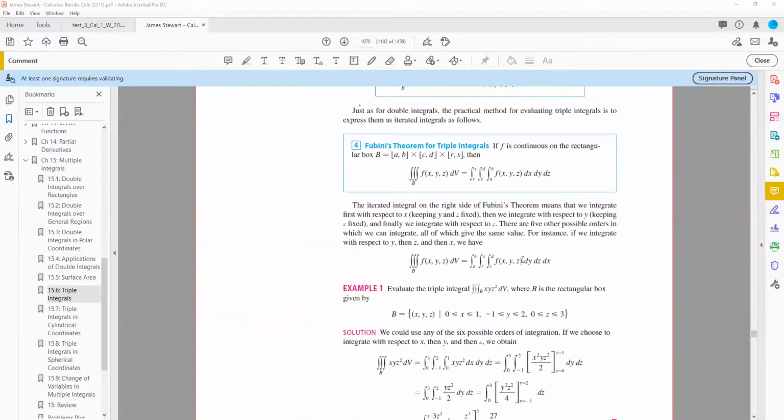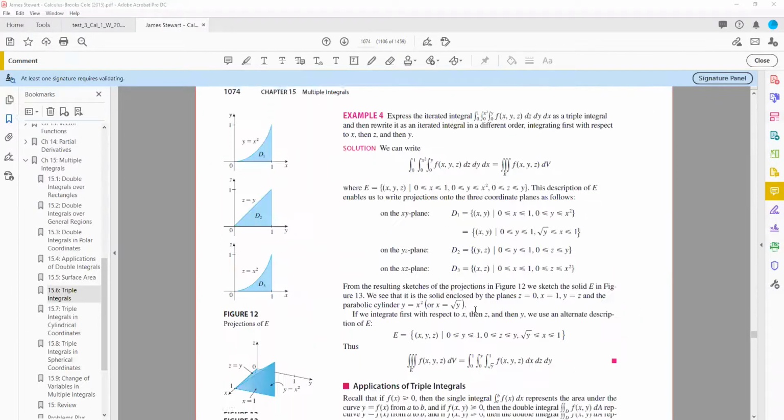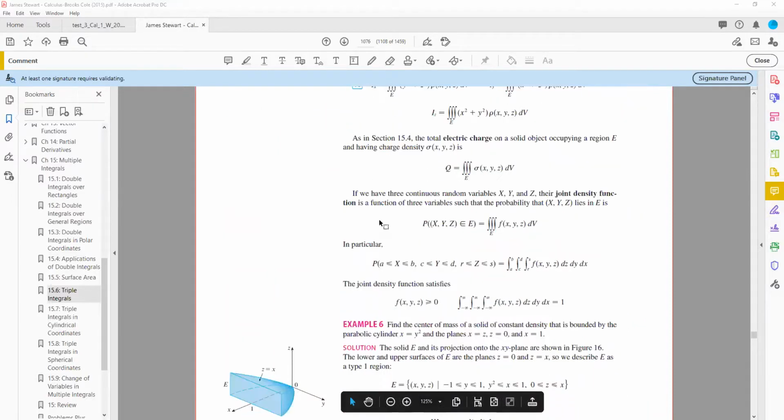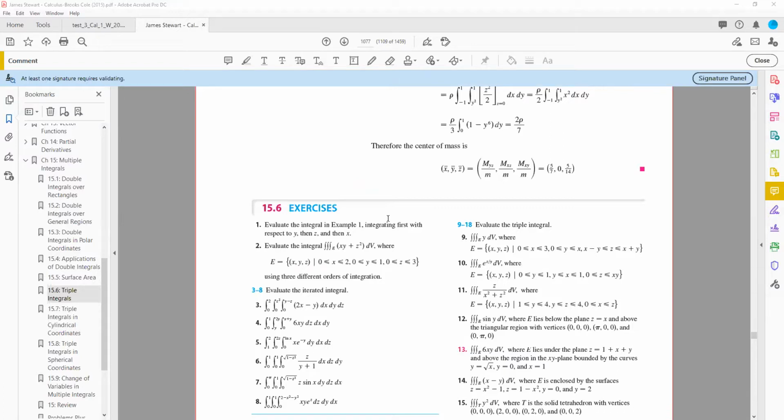So let's do a very, very simple question here. Let's choose one from the book, something extremely easy, just to show you how these integrals work. I want even something easier than this. Okay, here we go, example.